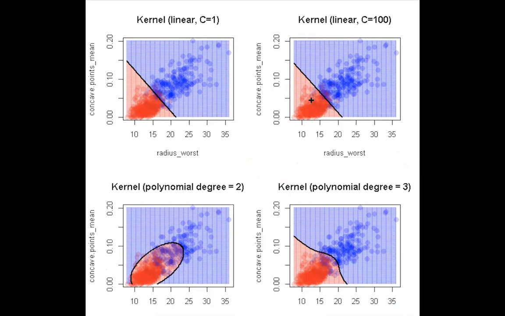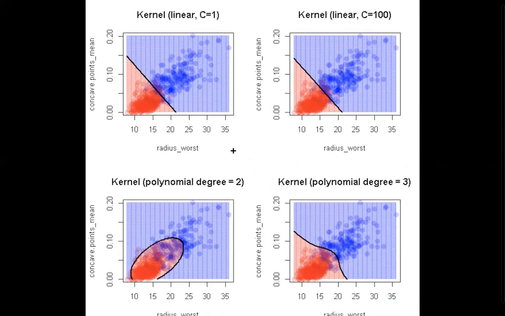C is your cost parameter, and in this case the linear line doesn't change that much. They are about the same. Now, if you use the polynomial kernel, you can specify the degree: degree 2, degree 3, and so on. 2 is quadratic, 3 is cubic, and so on.